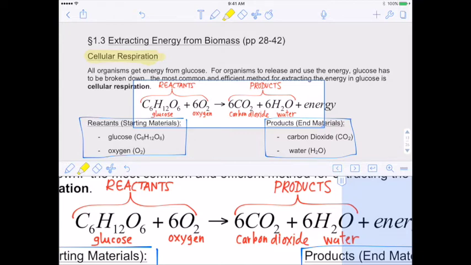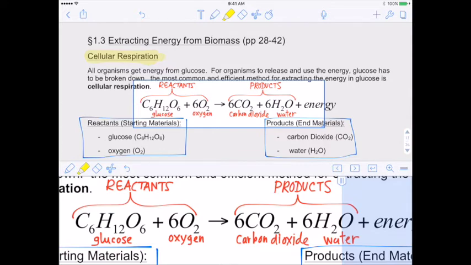And the same is true for carbon dioxide and H2O. For photosynthesis, they're the reactants, whereas for cellular respiration, they are the products. Now, this is not only coincidental, but this explains the interconnectedness between ourselves, organisms that use glucose, and plants and algae, producers that make glucose.